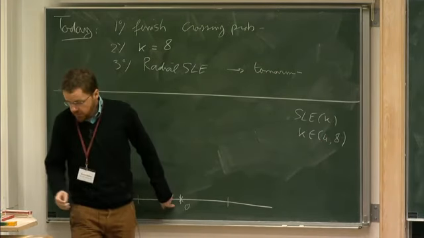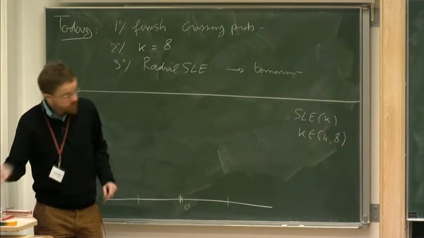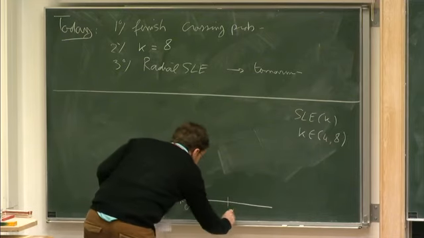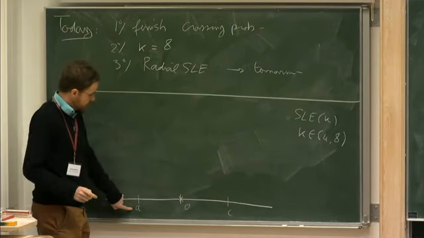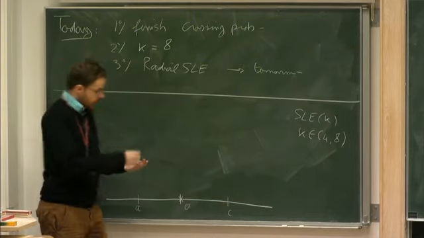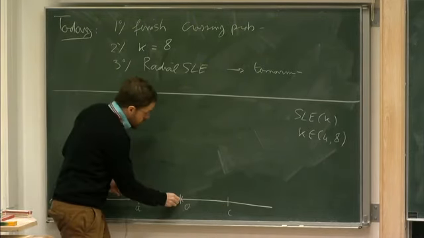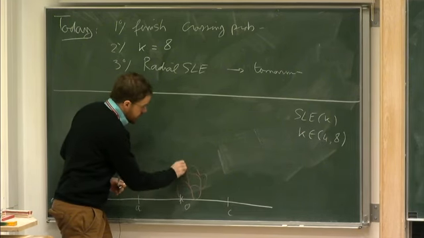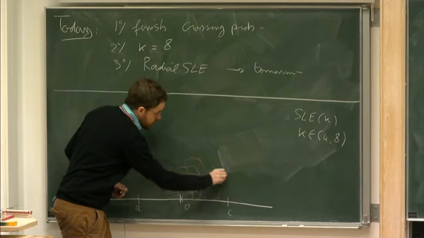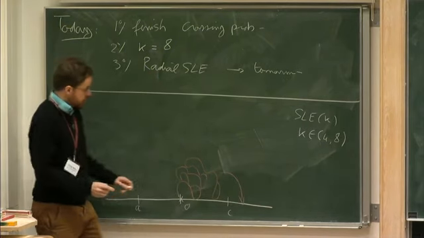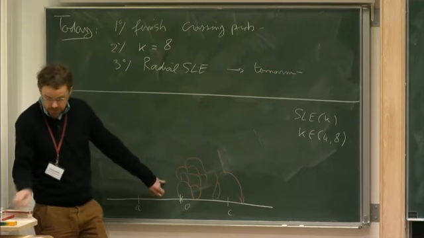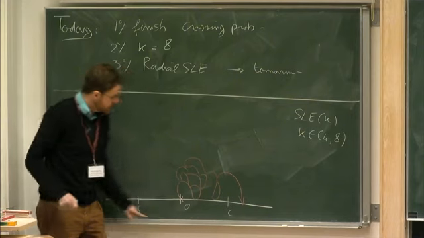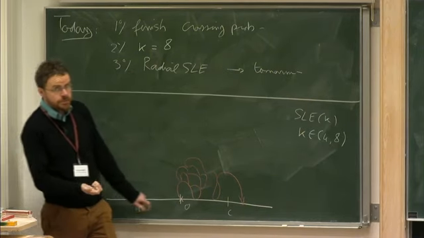So it started at 0, and what you do is you take 2 points, A and C, A on the left and C on the right, and you want to know the probability that the SLE curve, so you know it will have double points, you want the probability that this does this. So the probability that you touch to the right of C before you touch to the left of A.